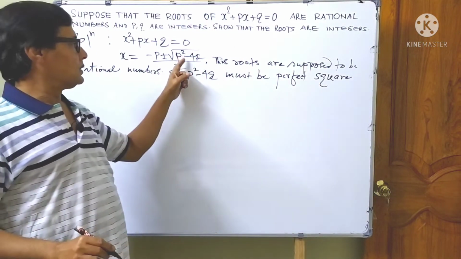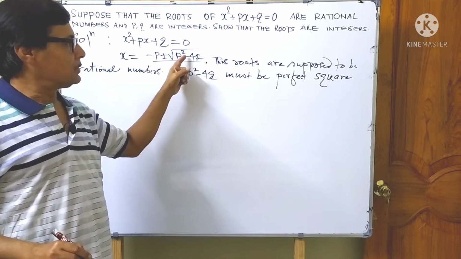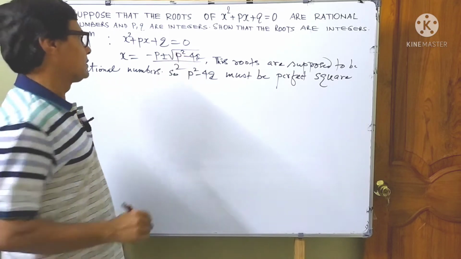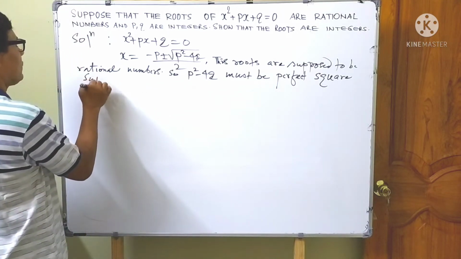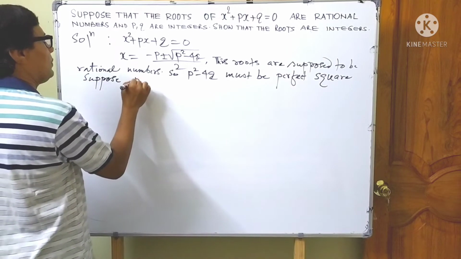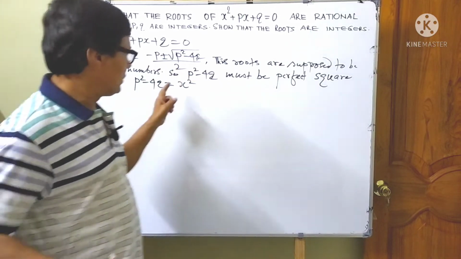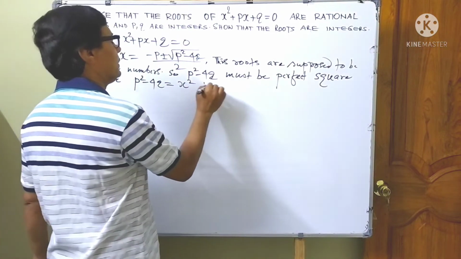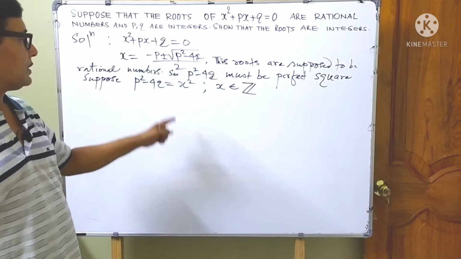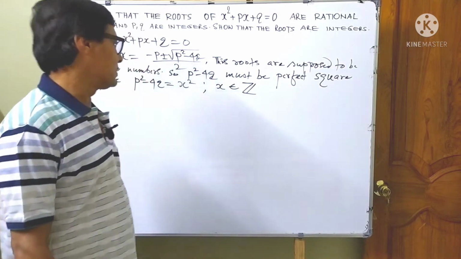And we can assume this term, p square minus 4q, which must be a perfect square, as x square. Suppose p square minus 4q equal to x square, where x belongs to the set of integers. x belongs to the set of integers because p and q are integers, so x square must be an integer.